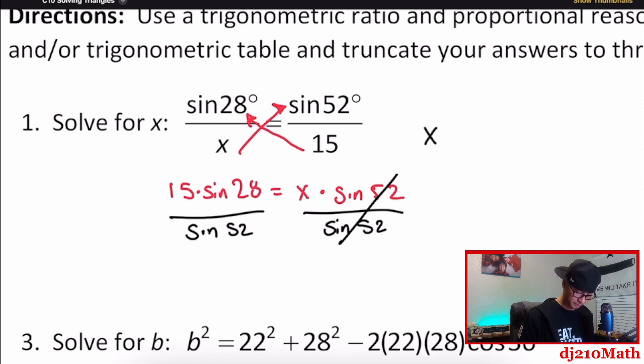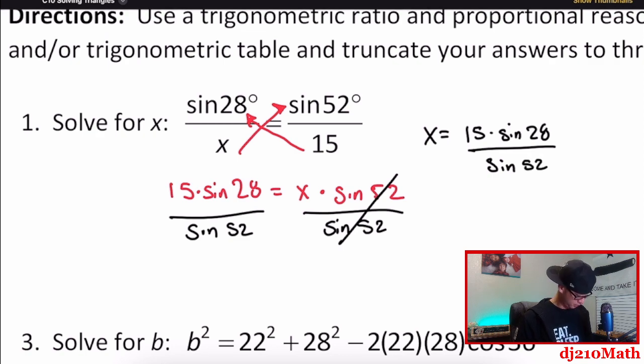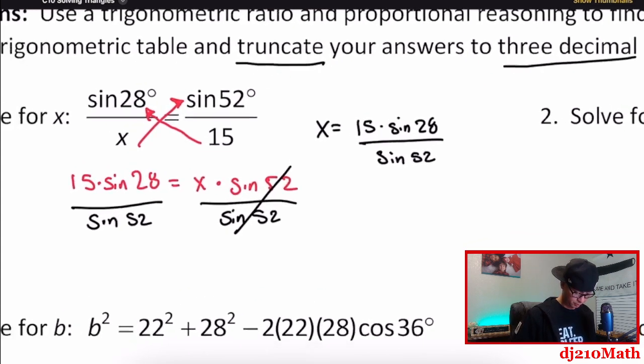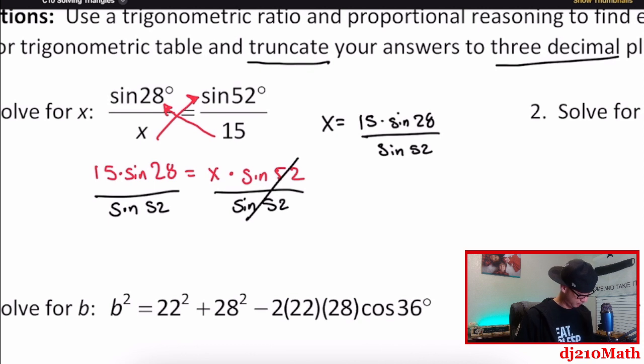So x is equal to 15 times sine 28 divided by sine 52. And always read the instructions. We want to truncate. So that means cut off, don't round, at 3 decimal places. So 3 places after the decimal.